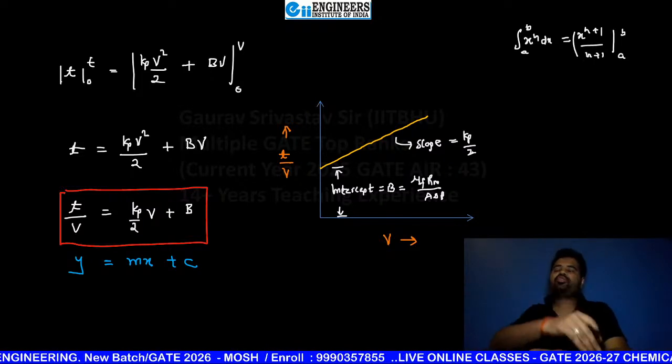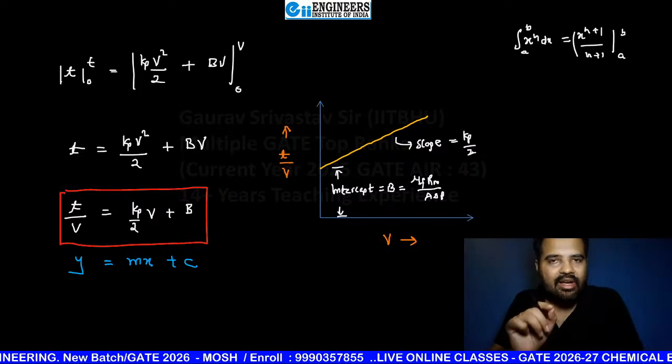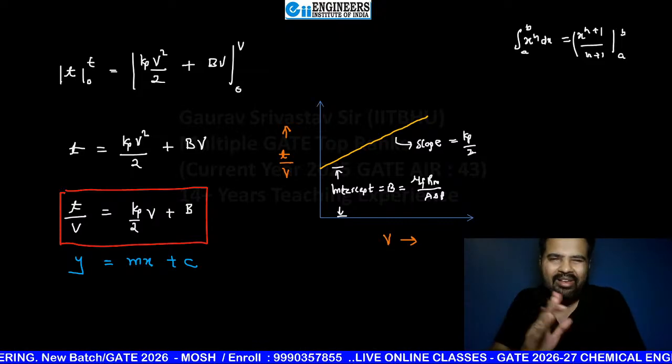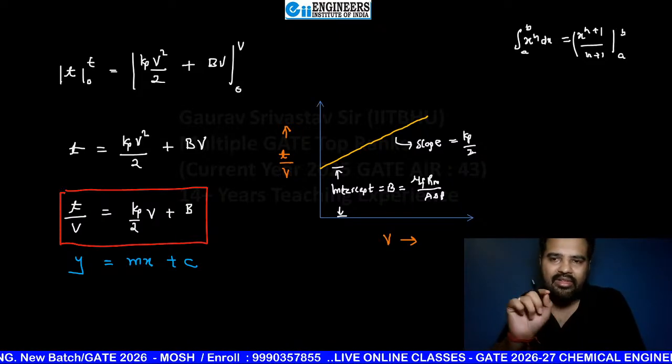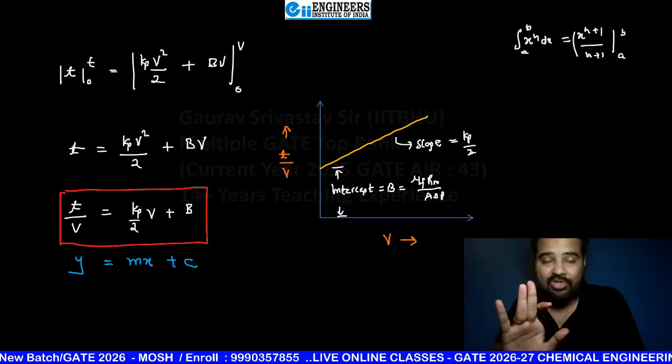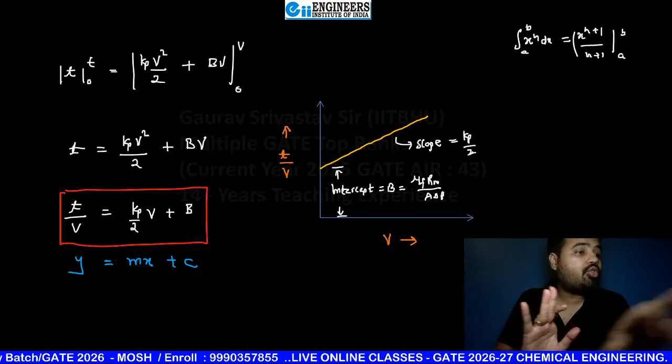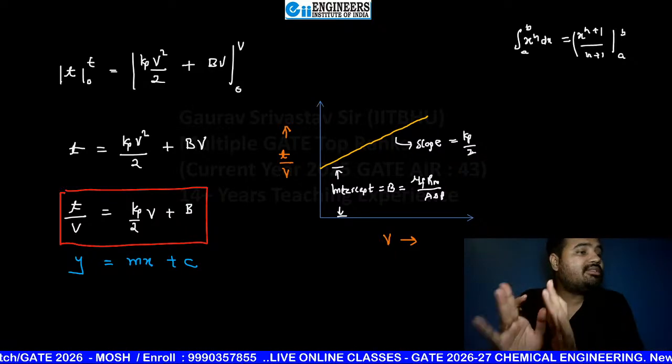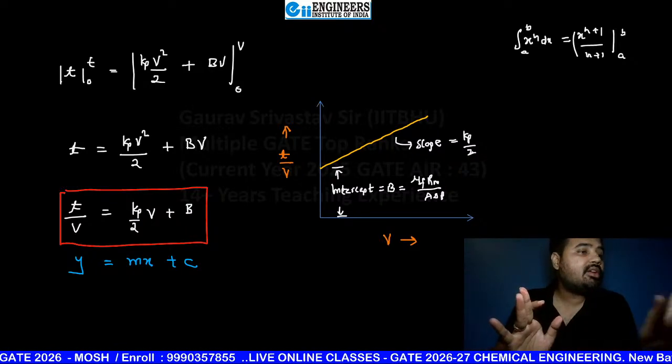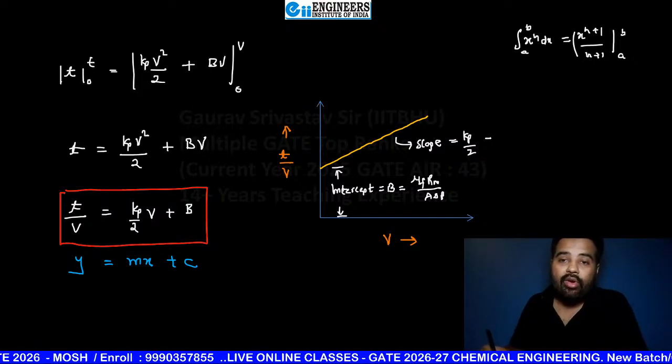Many students make mistakes in examination: they are in a hurry and they write just Kp as the slope. So please don't make this silly mistake. Kp by 2, and what was Kp?